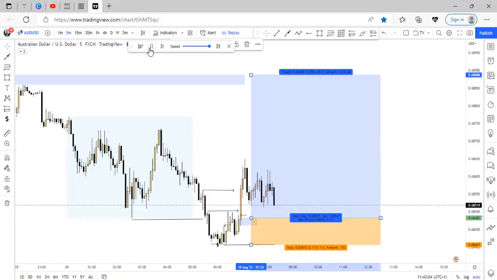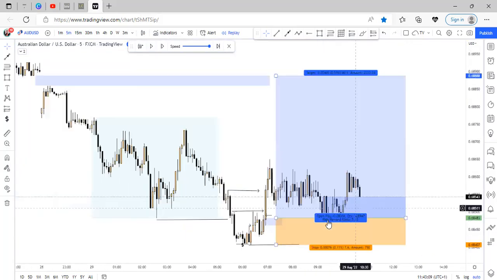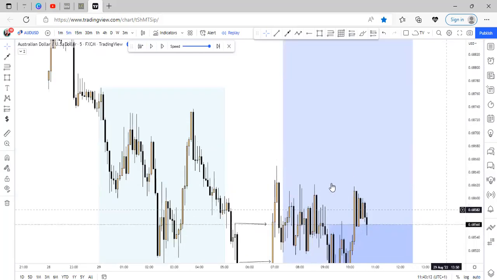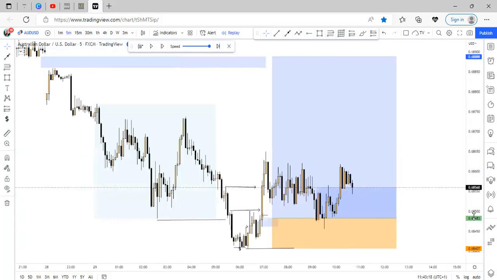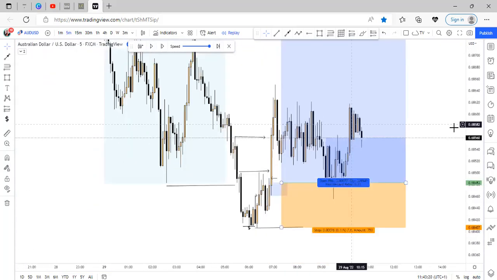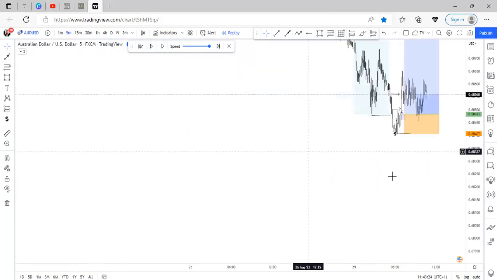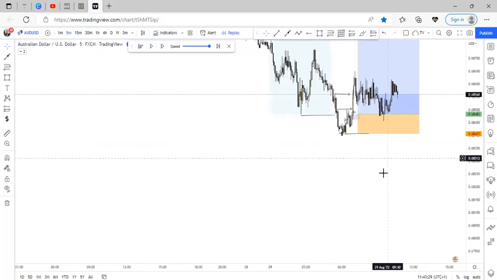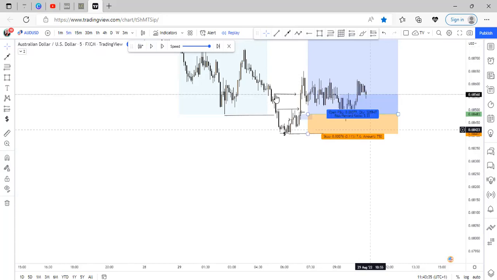And moving to the 5 minutes now, you can see that we got tapped in at this particular level right there. Price tapped us in perfectly, and there were actually more entry opportunities, but my focus, just like I said, I didn't end up taking this trade because my focus was on the imbalance that was still on the 1 minute time frame, and I just had my alert set for when that imbalance will be filled. I didn't really follow what was going on right here.